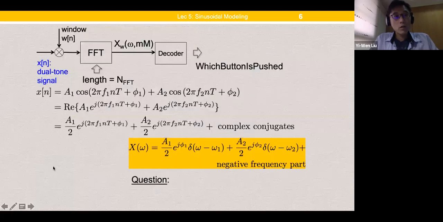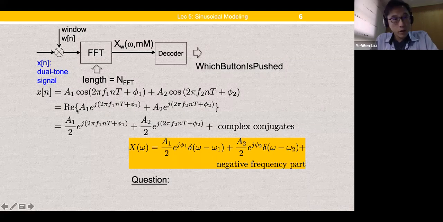Now, before we show the spectrum, let me make a few derivations. When we say that we window the signal, which is a combination of two tones, the combination of two tones can be expressed as a two-component cosine with frequencies f1 and f2, some random starting phases phi1 and phi2, as well as the magnitudes a1 and a2.